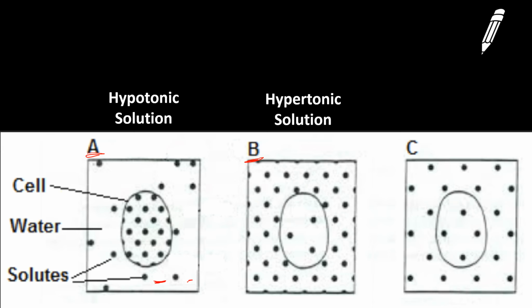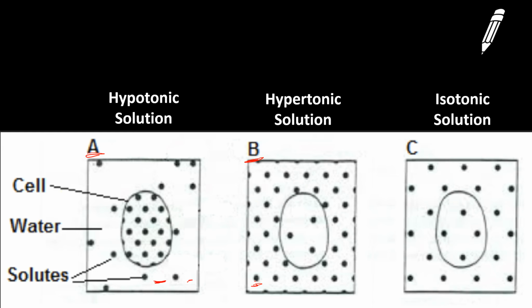That would be hypertonic because there's more solutes outside of the cell. Okay. And lastly, picture C, is that a hypo, hyper, or isotonic? Well, since there's the same or equal amount of solute concentration, that would be an isotonic solution.